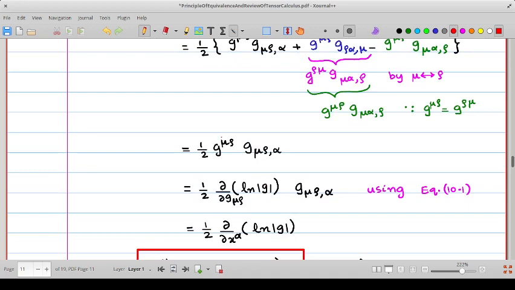But we have already seen that this element of the contravariant metric tensor is given by the derivative of the logarithm of the absolute value of the determinant g with respect to g_{μρ}. So I have this quantity equal to half of ∂/∂g_{μρ} of the logarithm of the absolute value of g, times this quantity.